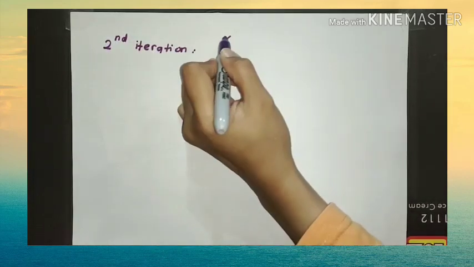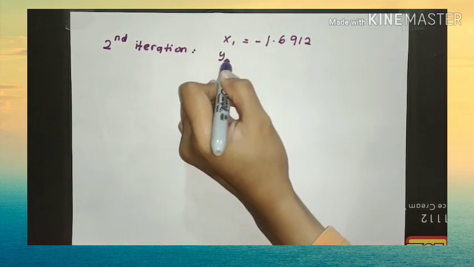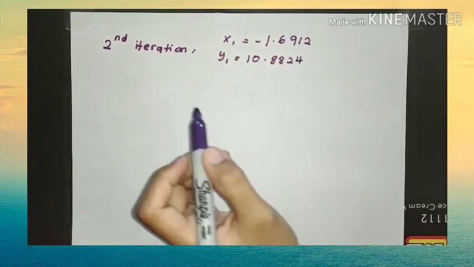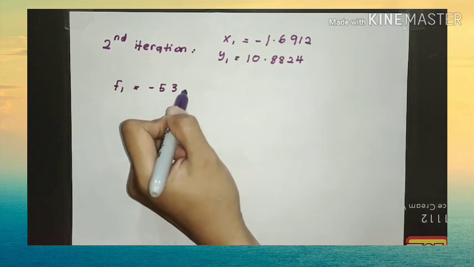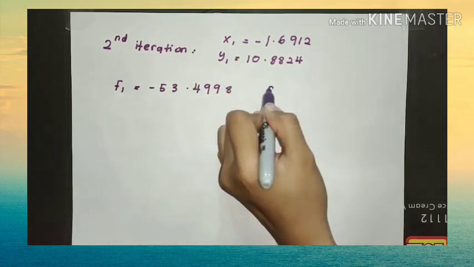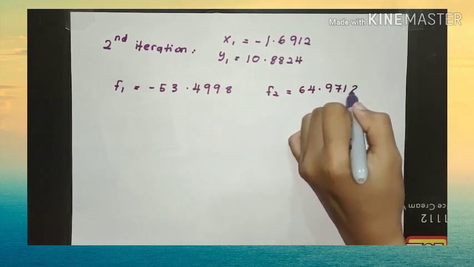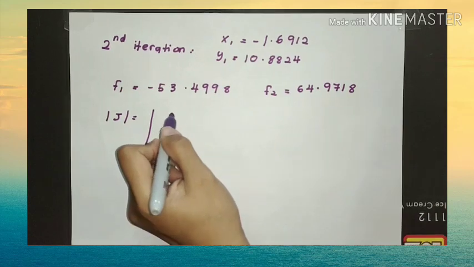Since the question asks you to compute two iterations, for the second iteration, i is equal to 1. So we will use the values for x1 and y1 that we calculated before. We need to start the calculation all over again. Start by calculating the values for F1, F2, the Jacobian matrix and also the determinant of the matrix.